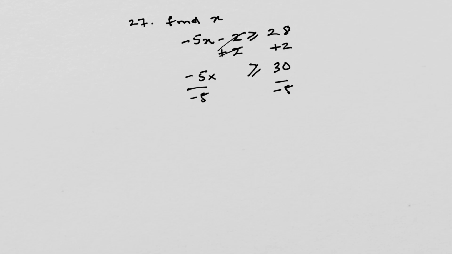When you divide by a negative number, the inequality changes. Please take note of that. So this becomes less or equal to. The -5 can cancel out. 30 divided by -5 is -6. Therefore, x is less or equal to -6.